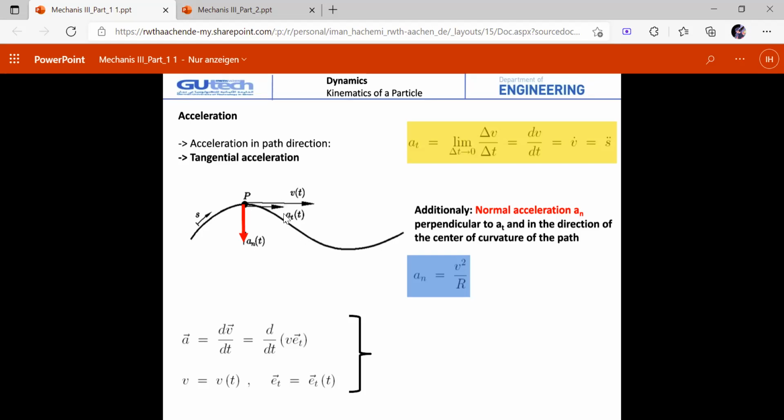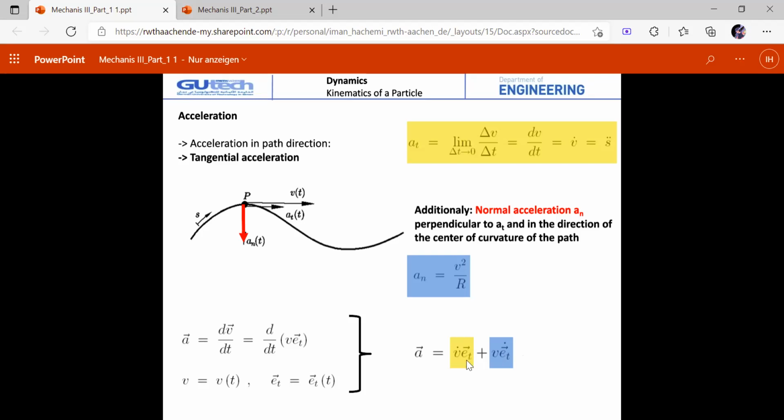At each position the tangential unit vector depends on time. If we now make the derivative of this formula, we get v dot et, plus v multiplied by d over dt of et dot.